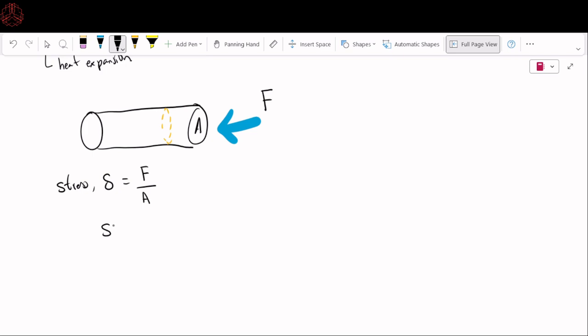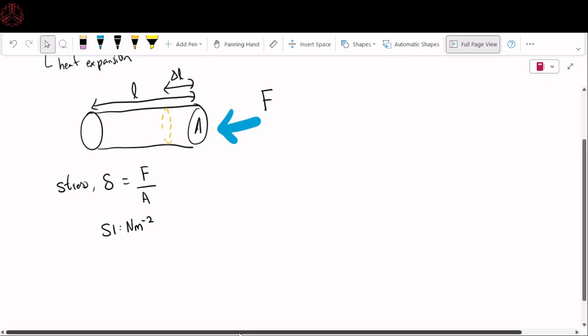And this will have an SI unit of Newton per meter square. Now, the change in the length, so let's say the initial length is L, and then it shortens by delta L. This is what we call strain.